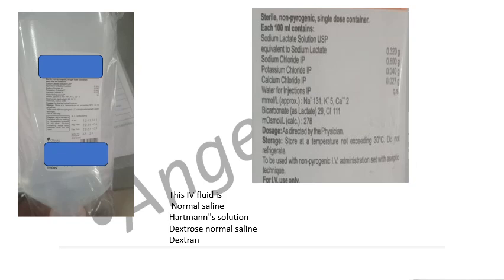Now the idea is not to have shortcuts in finding out what is your IV fluid. If you know for what a particular IV fluid is used and why, automatically you'll be able to give the right option and zero in on your correct answers. But for that, you must know basics of fluid management.